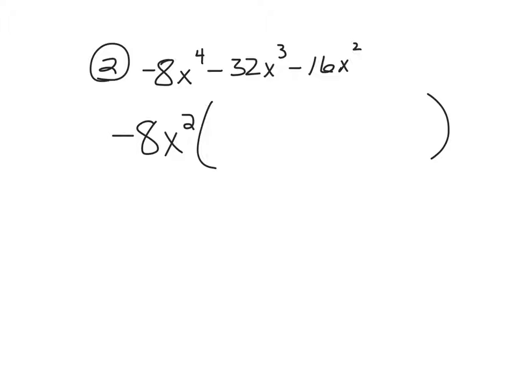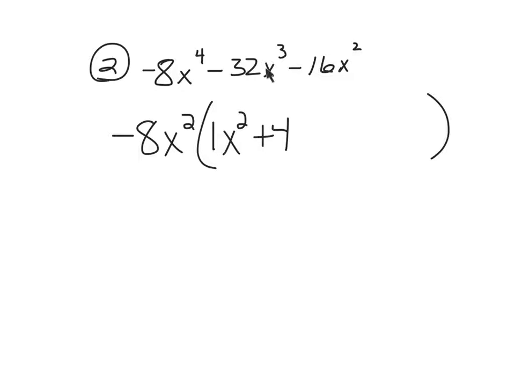So again, negative 8 divided by negative 8 is positive 1. I don't have to write this; you can write it if you want to, so I'll put a 1 there just for now. I had 4 x's here, and I'm taking 2 of those x's away, which means I still have 2 left. Then I'm taking negative 32, dividing by negative 8, which gives me positive 4.